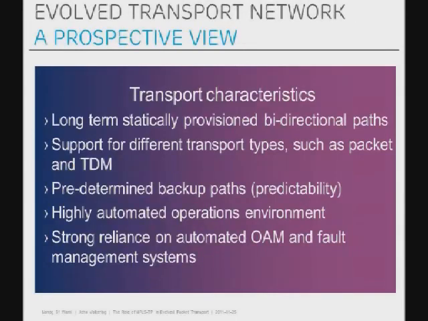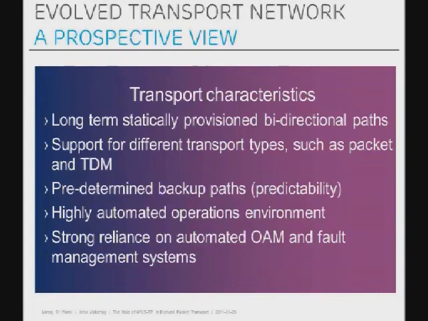So if we want to evolve this layered approach, what are the transport characteristics we need to look for in order to make it better than what we have already today? First of all, in today's architecture, many of the things we've been using are well proven. So we should not change the things that have turned out to be working.